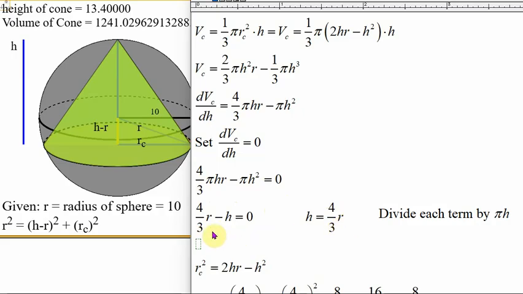And so what it means is that to get the maximum volume for the cone, we must let h be 4/3 times the radius of the sphere. For this particular example, we must let the height be 4/3 times 10, which is 40 thirds, or about 13.33.